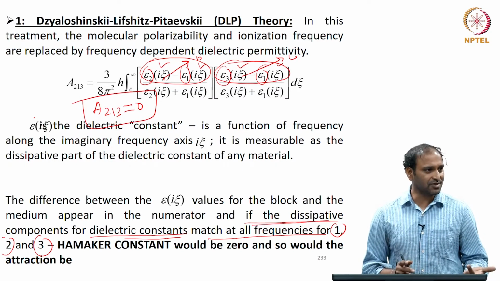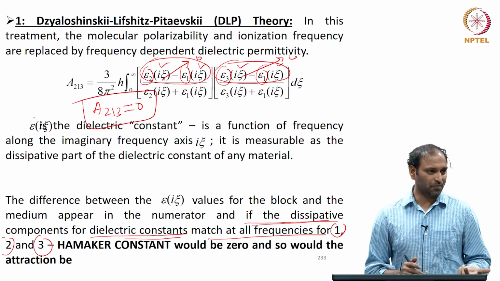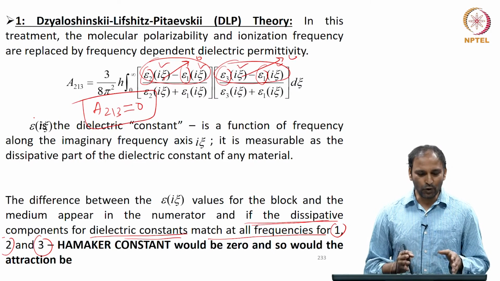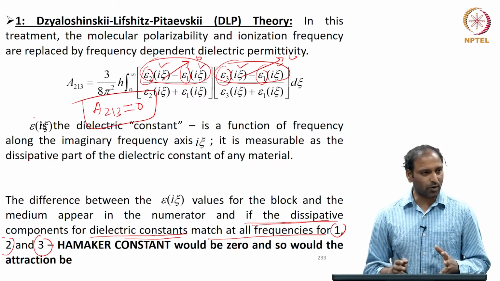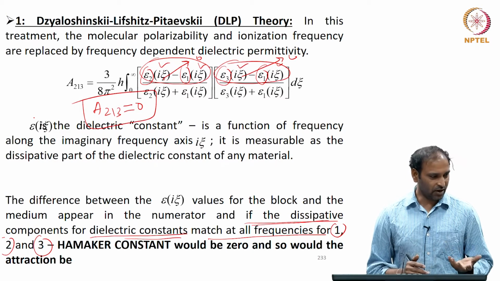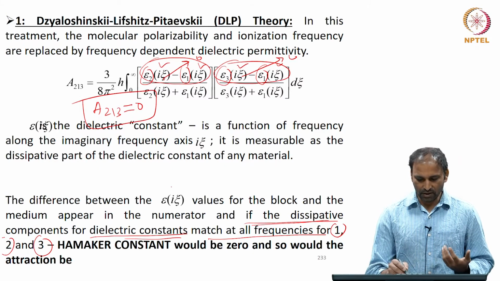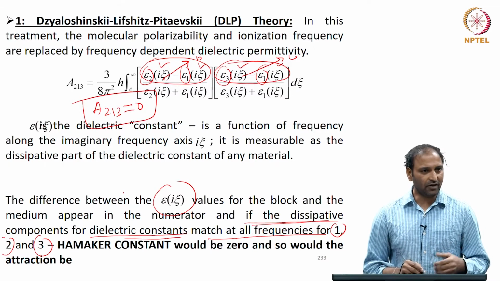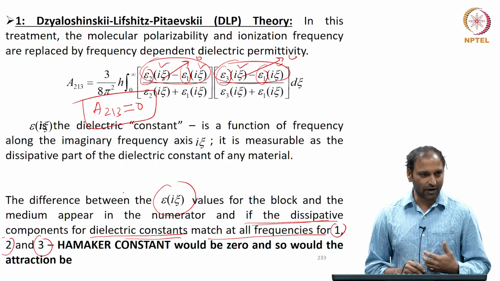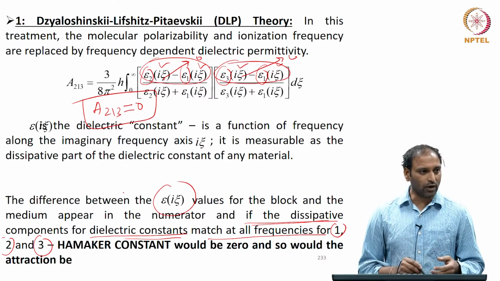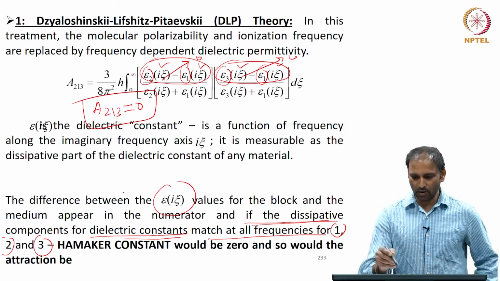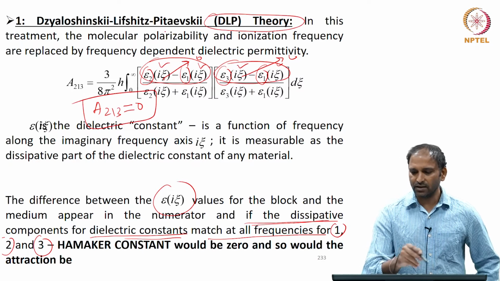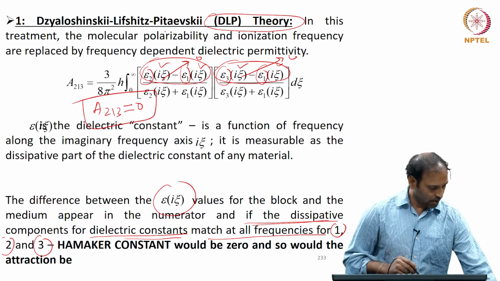In such cases, something like this will help you. I can design an experiment where I choose materials 2, 1 and 3 such that the frequency responses of the dissipative component are the same, therefore your A212 is going to be 0, and I can completely get rid of Vanderwaal's force of attraction. I can look at other effects that you may be interested to study. So, that is about this DLP theory.